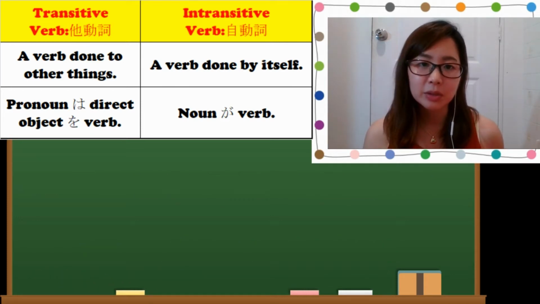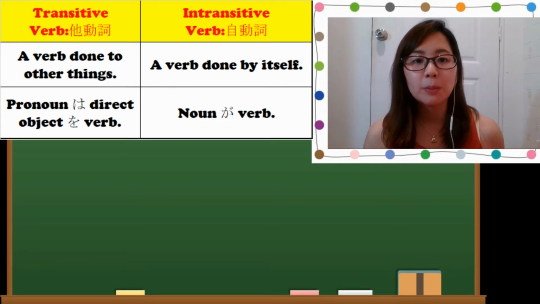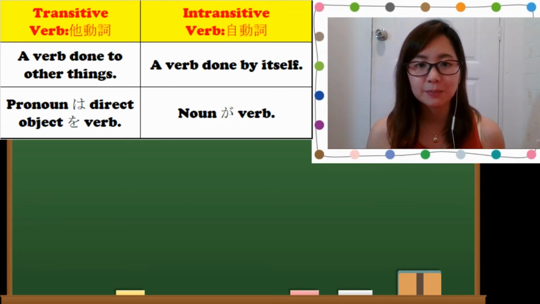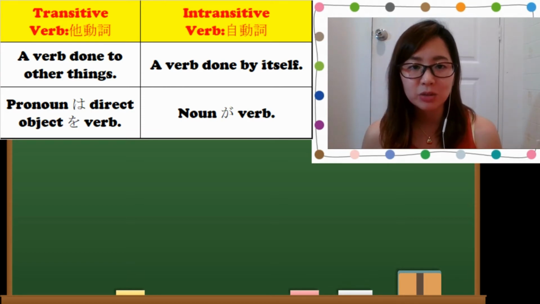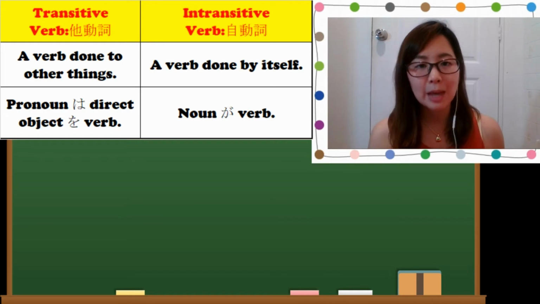So the basic rule is you can only use transitive verbs to make passive sentences. However, in some cases, we can change intransitive into passive. Today, we will learn about that.